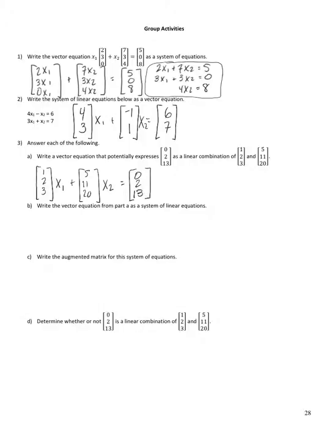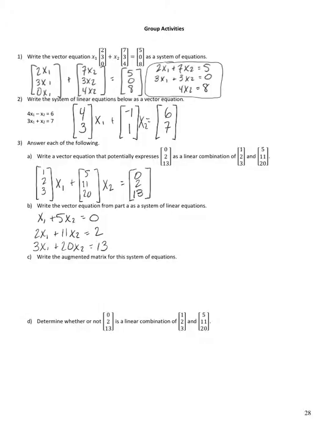To write this as a system of linear equations, you read component-wise. So I have x1 plus 5x2 equals 0, 2x1 plus 11x2 equals 2, and 3x1 plus 20x2 equals 13.